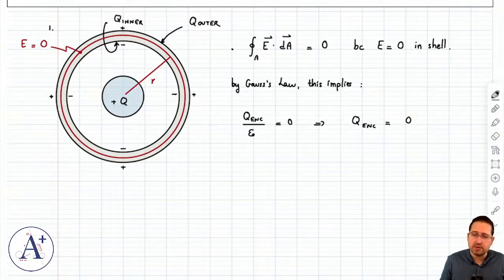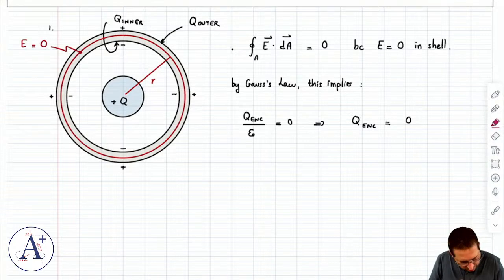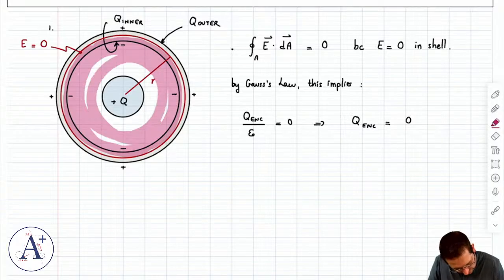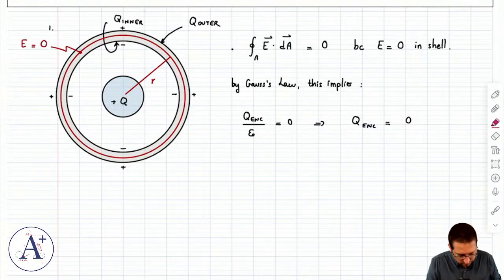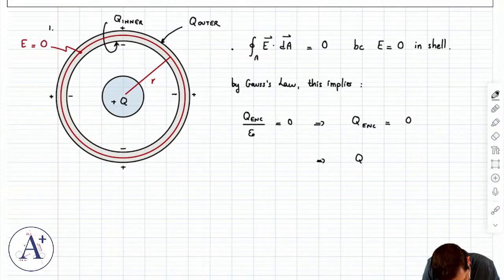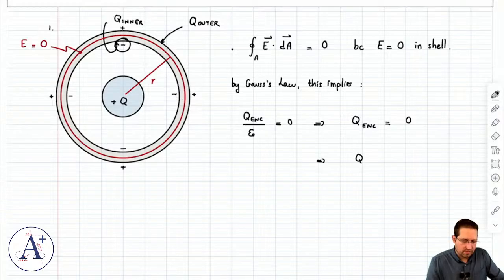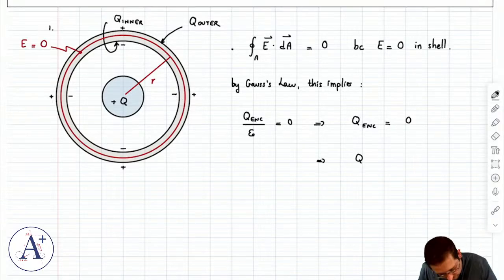Well, what is Q enclosed? Q enclosed is how much charge lives within my Gaussian sphere. And the beauty of my Gaussian sphere is not only that it encloses the insulating sphere in the center, which carries a charge, capital Q, it also encloses the charge on the inner surface of the shell, which is Q inner.